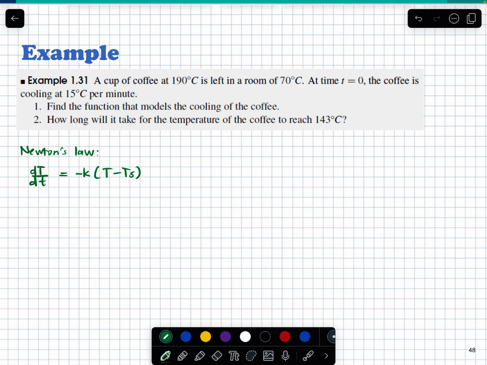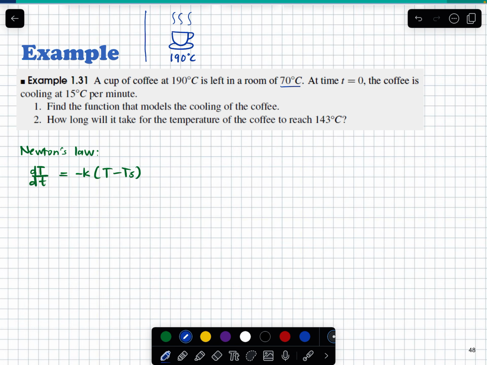So from the problem, a cup of coffee at 190 degrees Celsius. Let's visualize this. Let's say we have a cup of coffee. It's very hot, with 190 degrees Celsius. It's left in a room of 70 degrees Celsius.